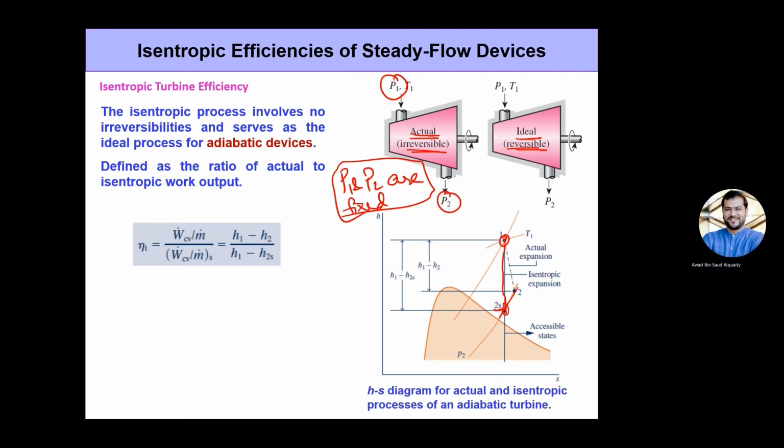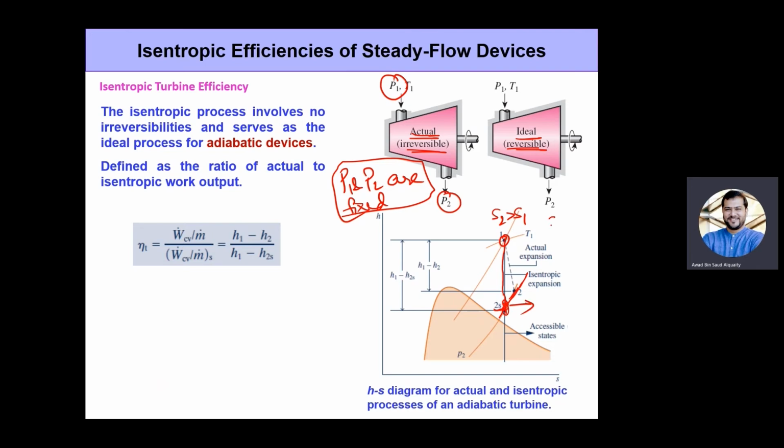If there are some irreversibilities, then from our entropy balance equation, we know that whenever you have irreversibilities in a steady state, steady flow device like a turbine or a compressor, right, S2 will be greater than S1. Entropy at the exit will be greater than entropy at the inlet. So the exit point can be anywhere on the constant pressure line, but it should be to the right of 2s.